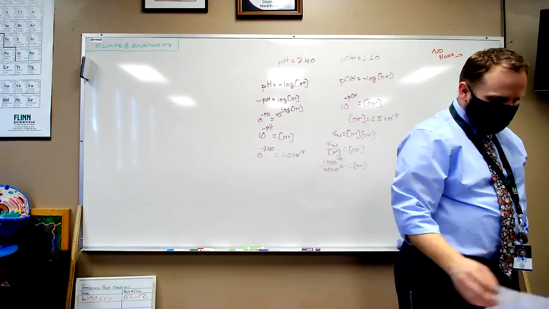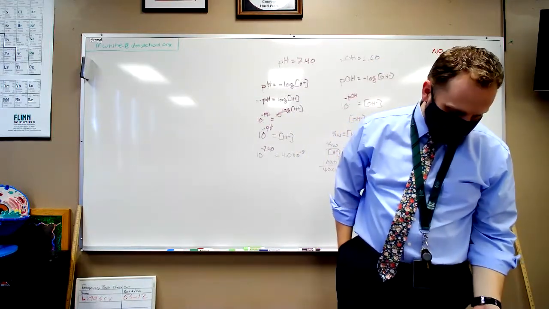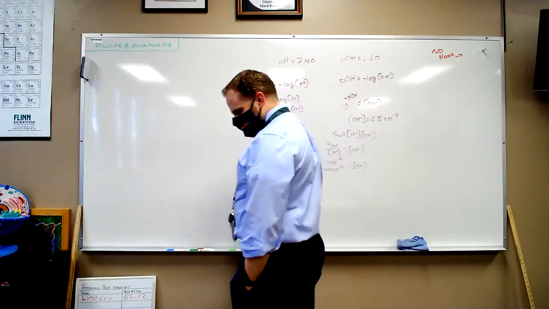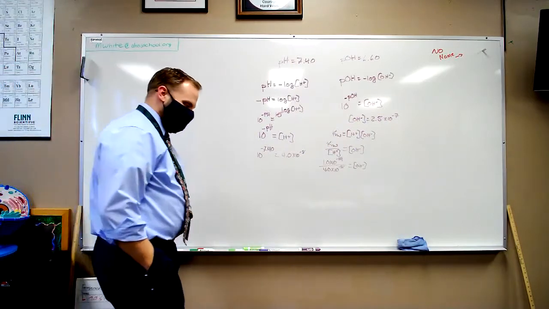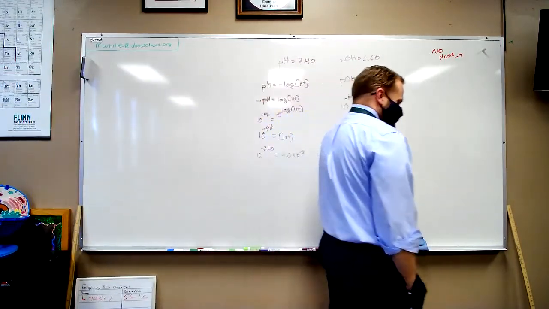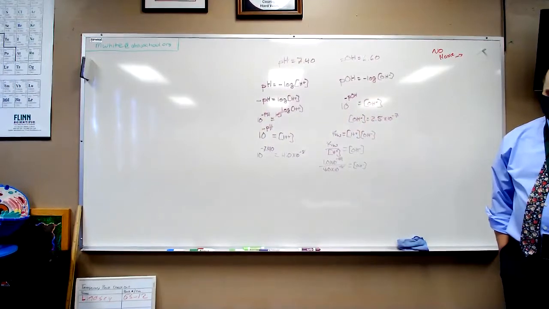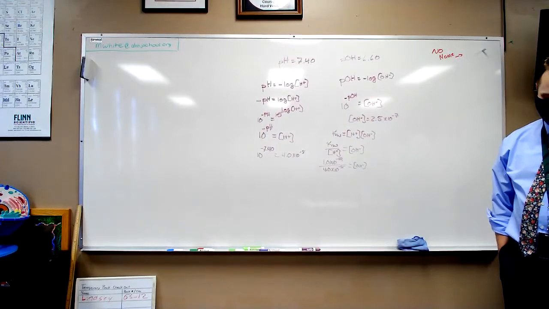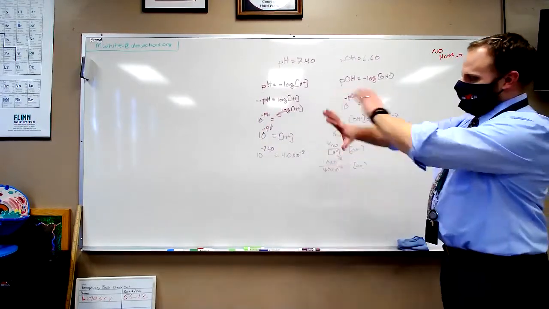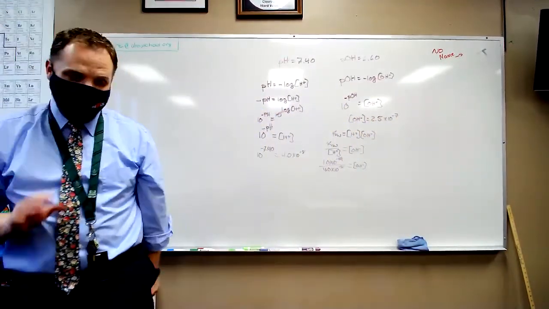So, the last example problem is calculating Ka from the pH. We're not going to go through that. It's pretty straightforward, but I don't give you any questions about that on the homework or the test. It just has enough moving parts that I just kind of say, okay, we don't need to do that particular one.